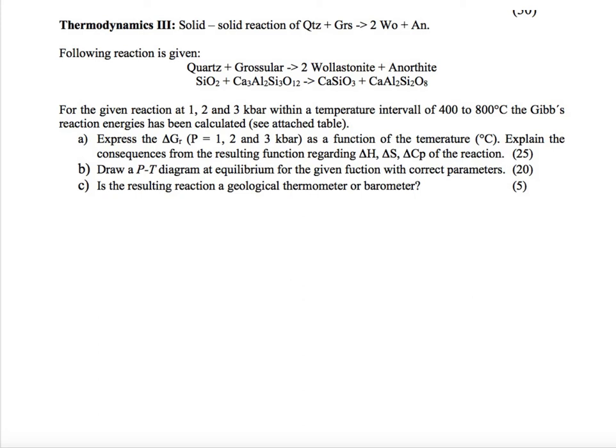Then you should draw a PT diagram at equilibrium for the given function, with the correct parameters. And then you should answer, is the resulting reaction a geological thermometer or barometer?